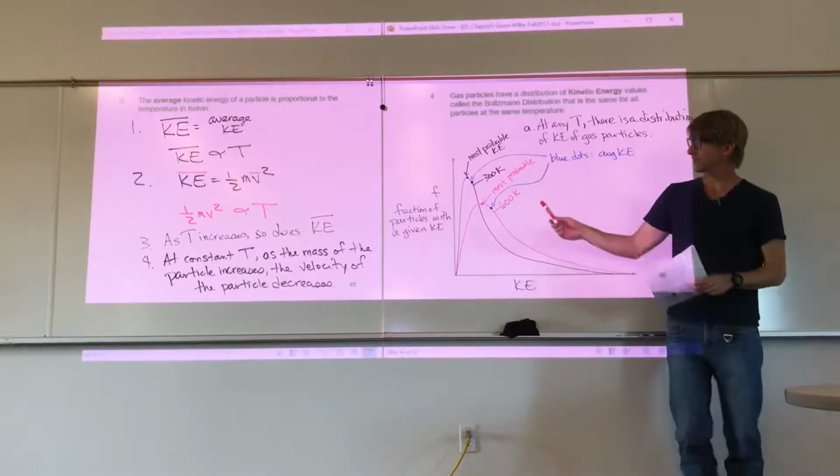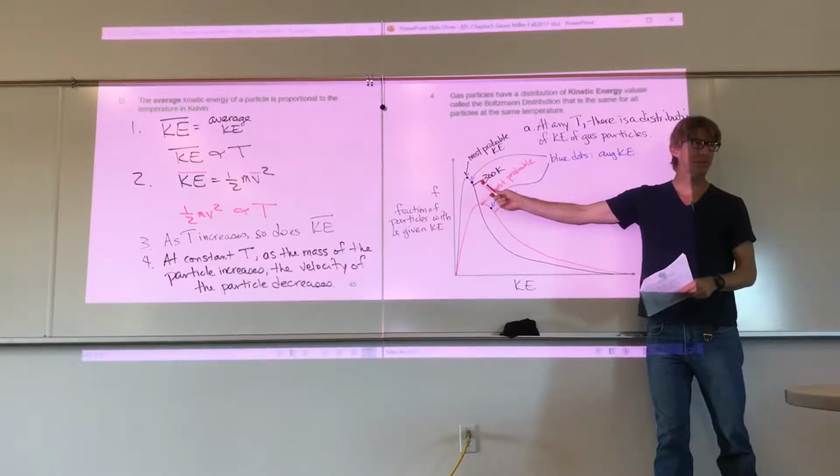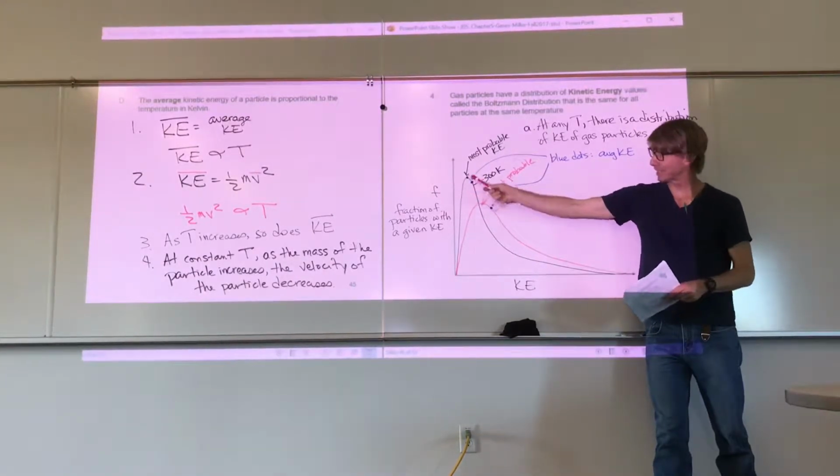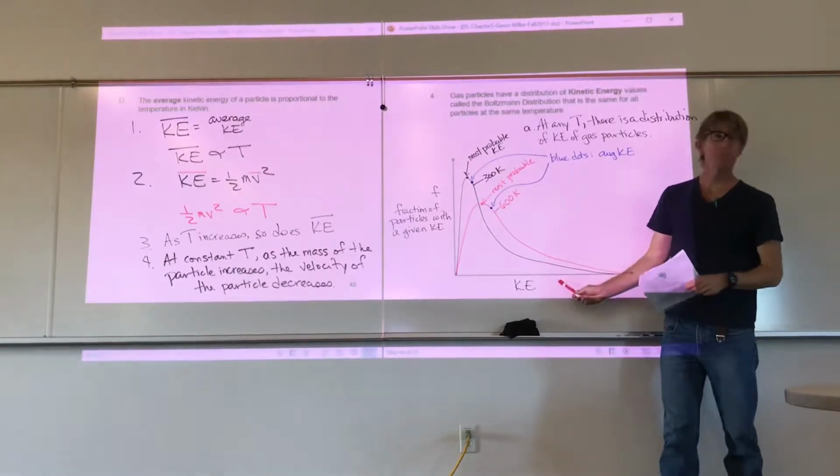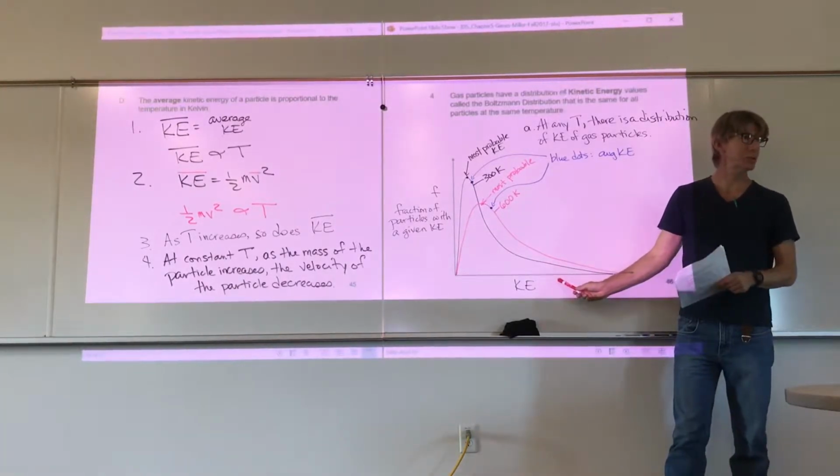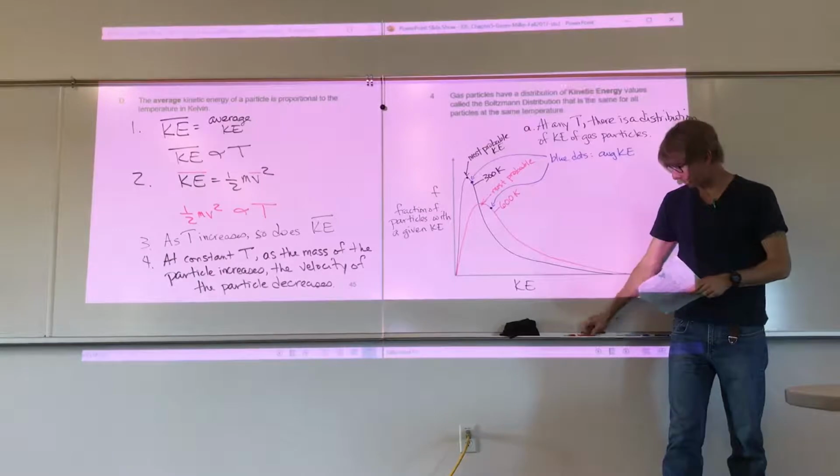Next point. This 300 Kelvin curve is the same for all gases. All gases have the same Boltzmann, or the same distribution of kinetic energies at the same temperature.